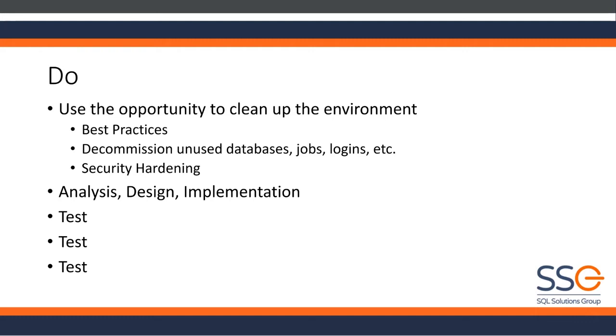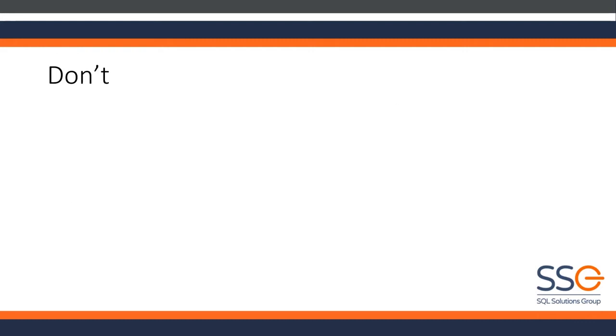And then we do one more rollback to that snapshot. We do our migration. And then of course, once we're live and we know we're good, we're going to delete the snapshot, because it's really not a good idea to leave snapshots or checkpoints lying around for SQL servers because it can have a significant impact on I/O. What do we want to avoid?